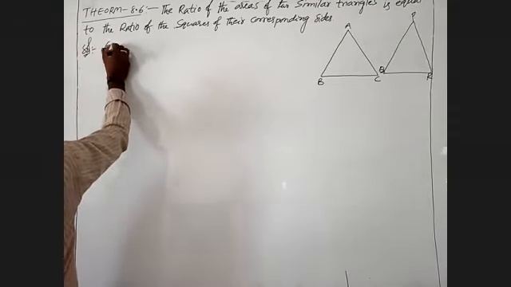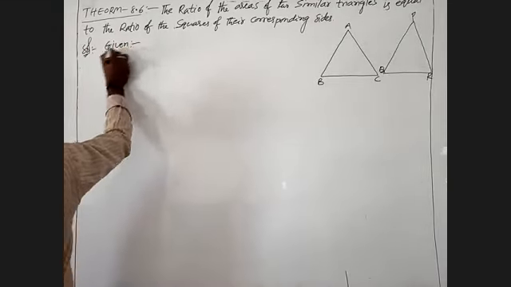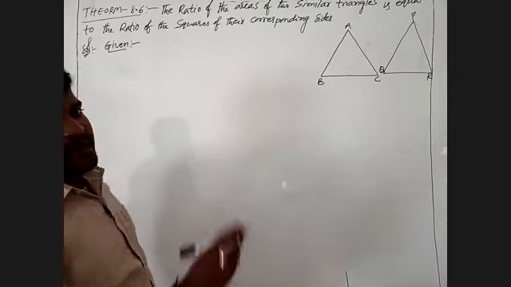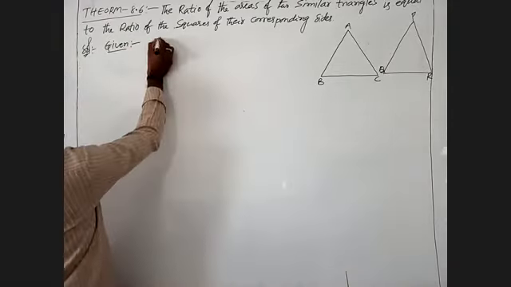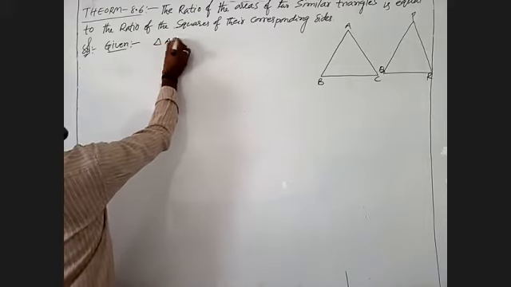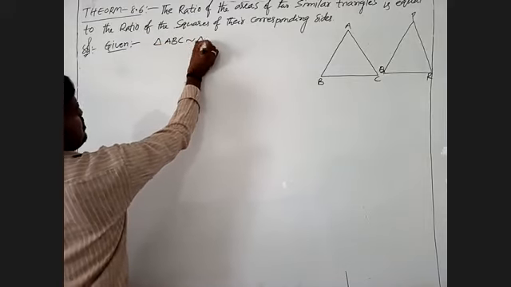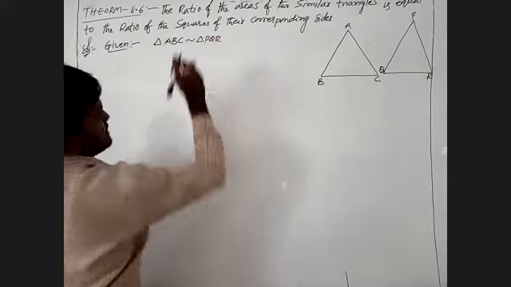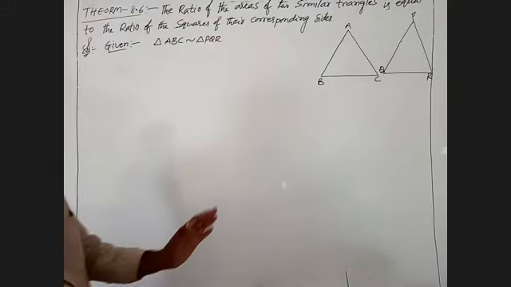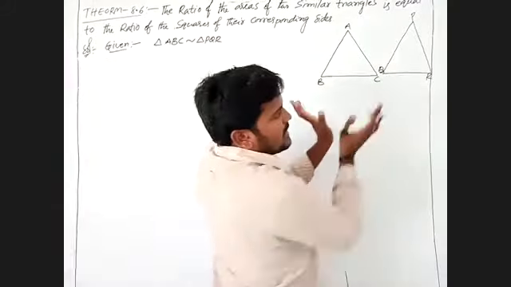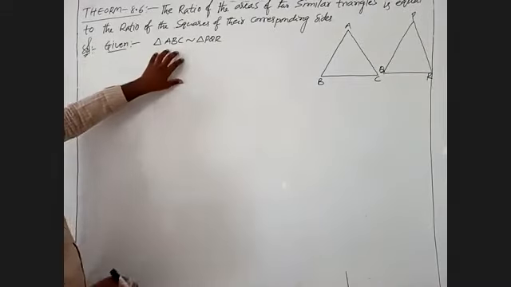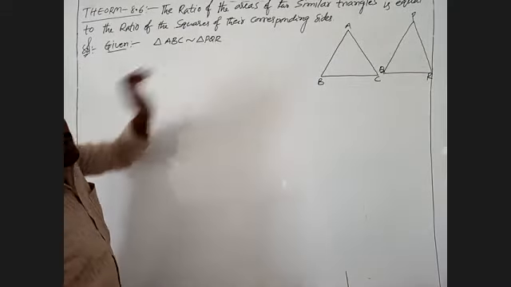What is given? Both triangles are similar, so I will write triangle ABC is similar to triangle PQR.